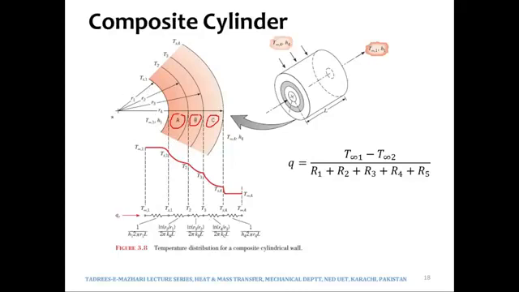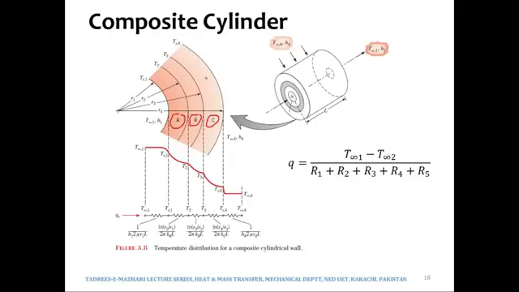And suppose that inside there is steam at a temperature of T infinity 1 and the convective coefficient between the steam and the inner surface of the pipe is h1. Similarly, on the outside it may be air, and air would be at a temperature of T infinity 4. Again, they could have written T infinity 2 after T infinity 1, but they chose T infinity 4, that's fine.